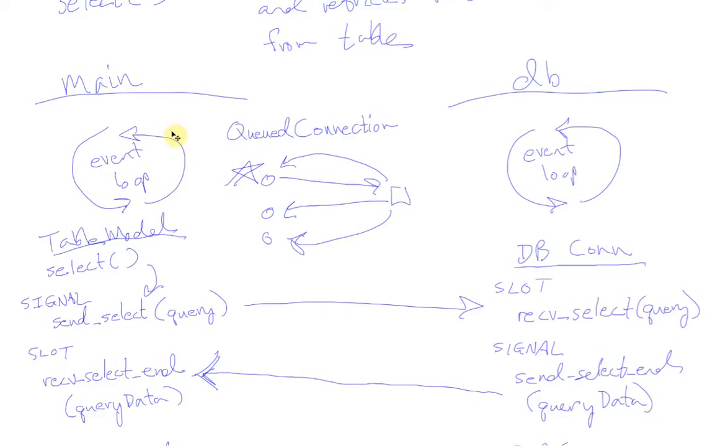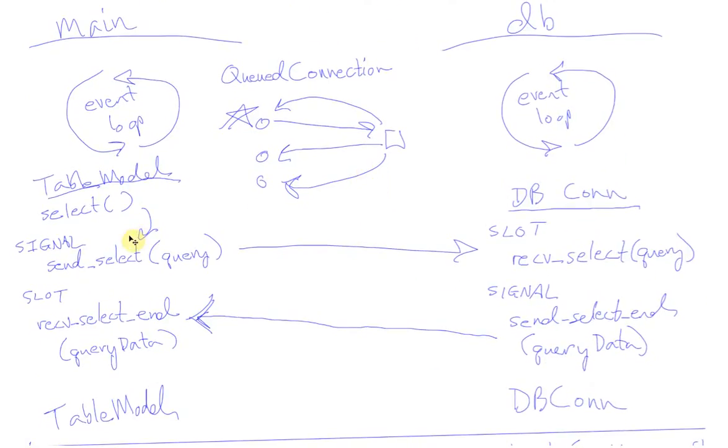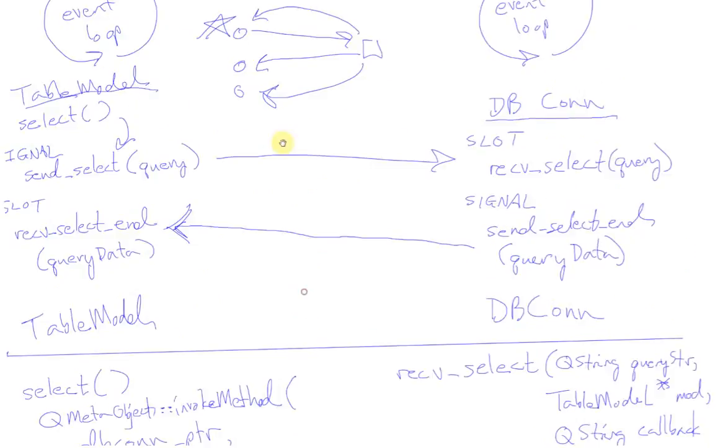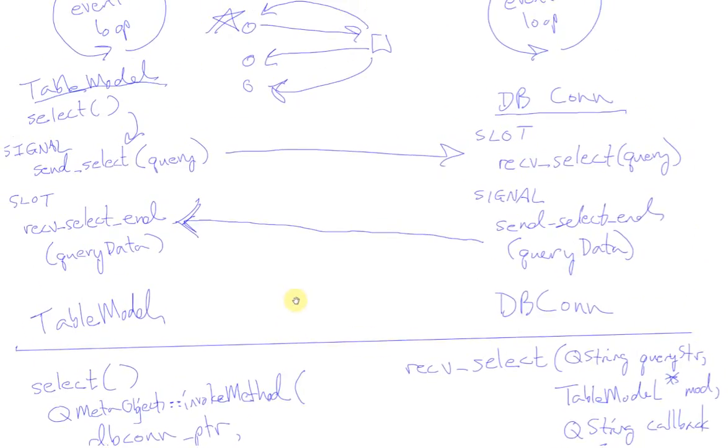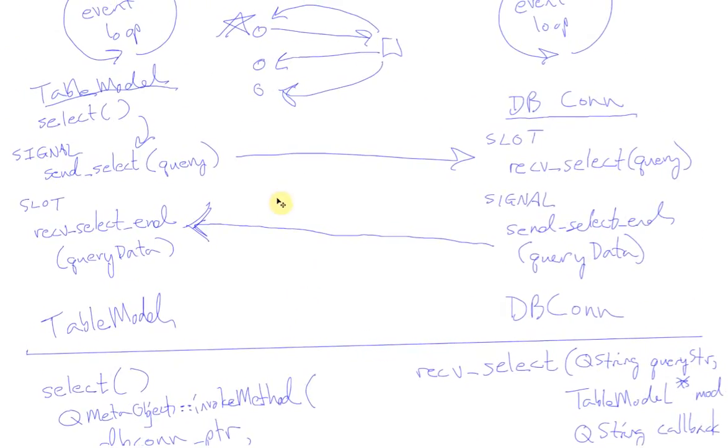The way that cross-thread messaging works, which is like signals and slots here, where the object that has the signal calls another object on a different thread, and it's also like my other example down here.